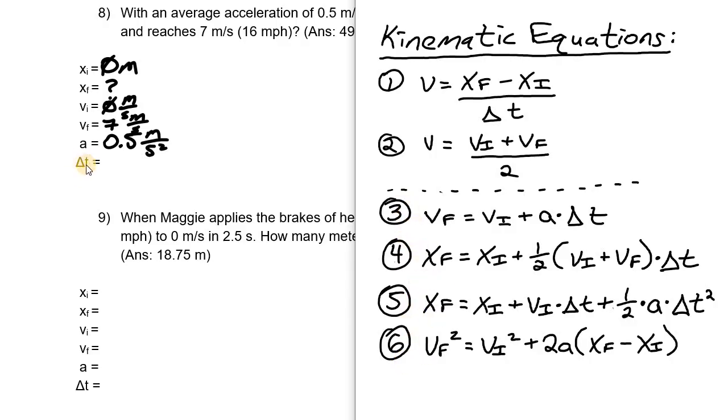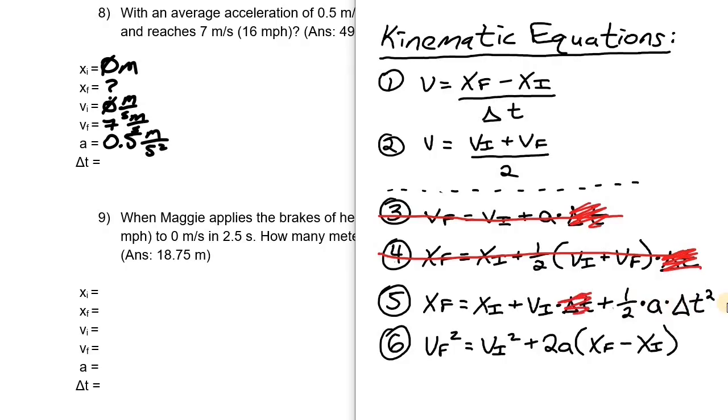So the variable that we don't care about is delta t, so we're just going to be looking for delta t right now. Oh, we got delta t right there. Don't care about this one. Not going to be using that formula. What about this over here? Oh, we have delta t right there, so we're not going to be using this formula. Over here, we have delta t right there, and delta t right there.